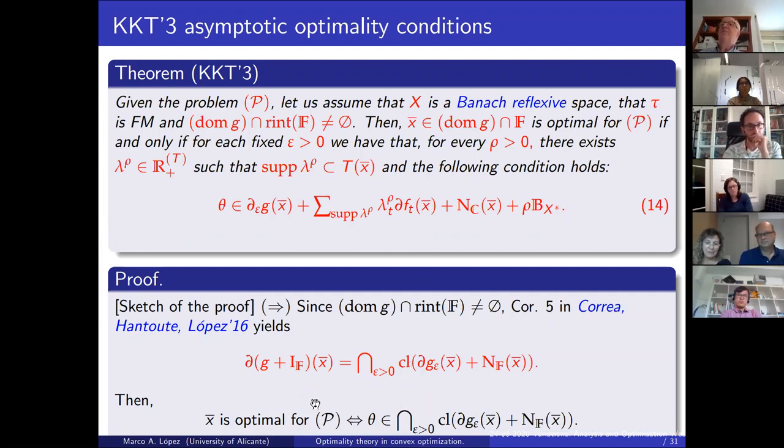Under this assumption, the subdifferential of this sum is the intersection over all positive epsilons of the closure of this sum: the epsilon subdifferential of G plus the epsilon normal cone. And so x bar is optimal if the origin belongs to all these sets, because it belongs to the intersection.